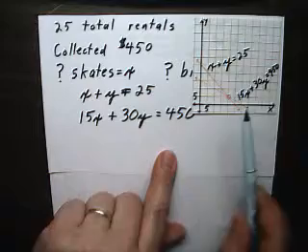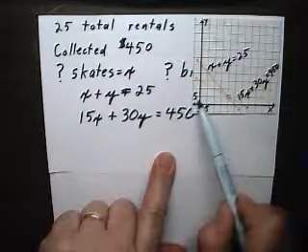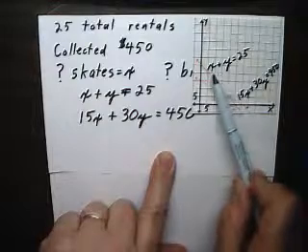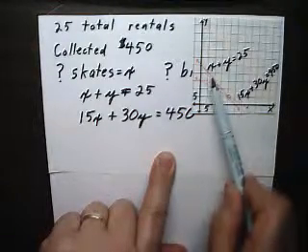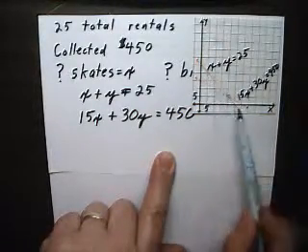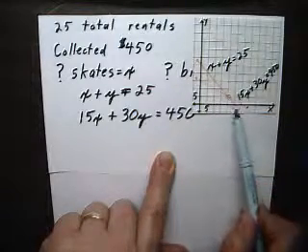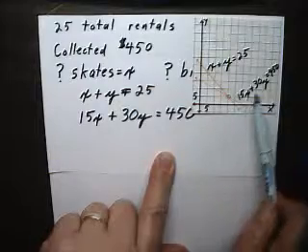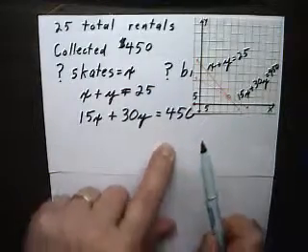When I do this, I've let each line be 5, and x plus y equals 25 is this top red line. At least it's the top over there, and it transfers down over there. The other red line is 15x plus 30y equals 450.